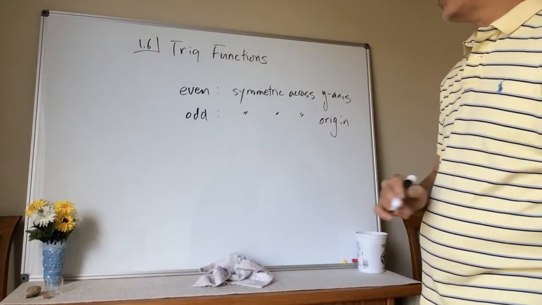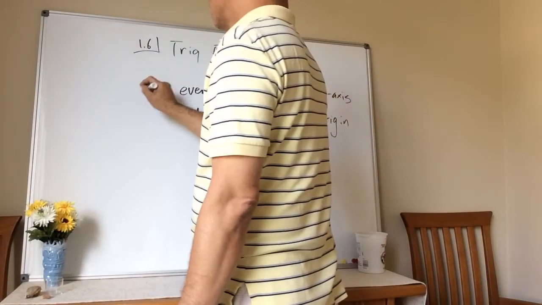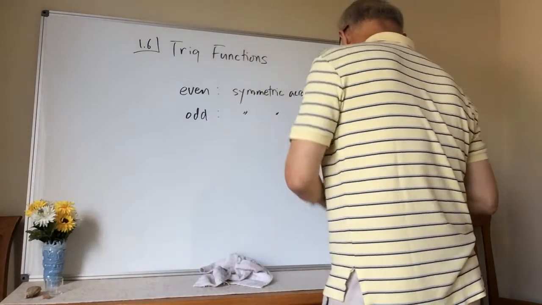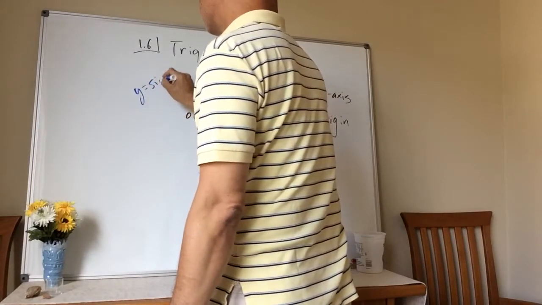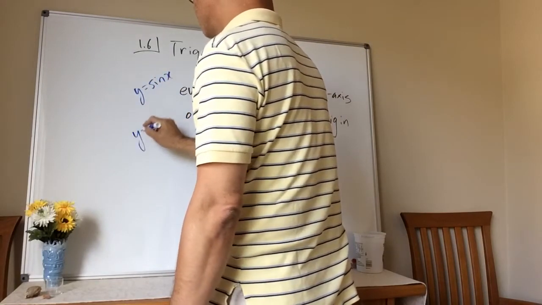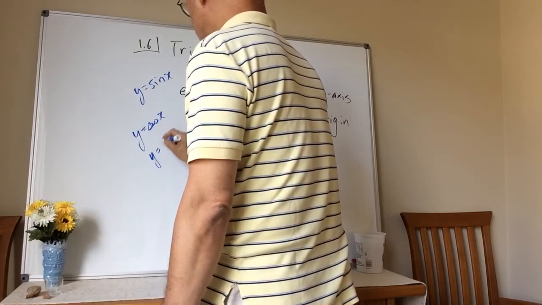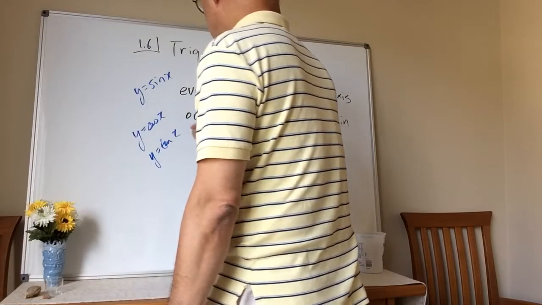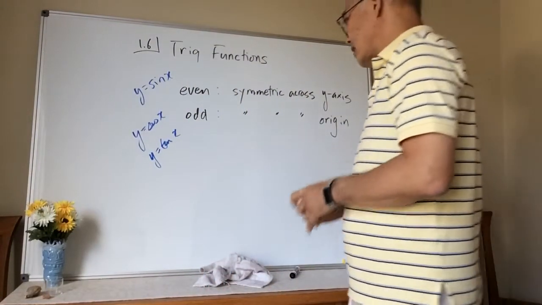Okay, so for our trig functions, the even function is cosine x. So y is equal to cosine x is an even function, where y is equal to sine x or y is equal to tangent x are both odd functions. They're symmetric across the origin.